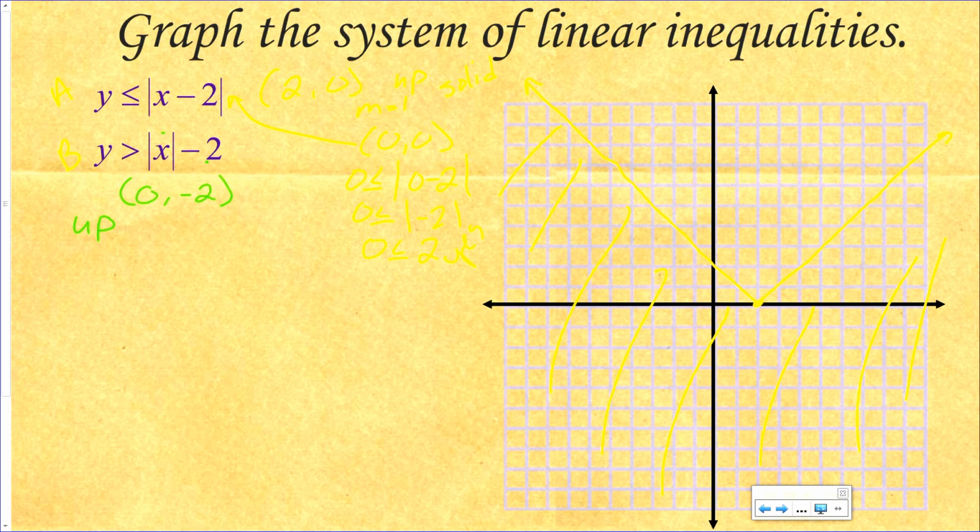Hold on. Good question. How do we know if it's opening up or down? Who remembers? Yeah, there's a negative where? Outside the absolute value. If there's a negative on the outside of the absolute value, then it opens down. Right? Like if it said negative the absolute value of x, then it would open down.